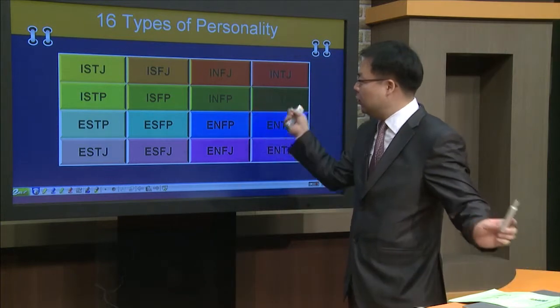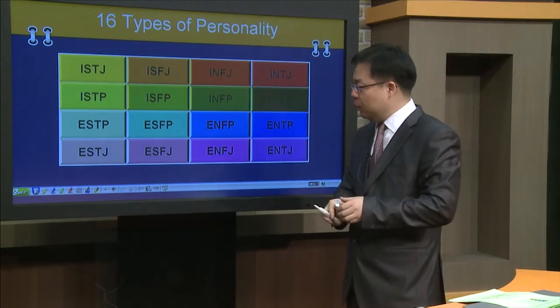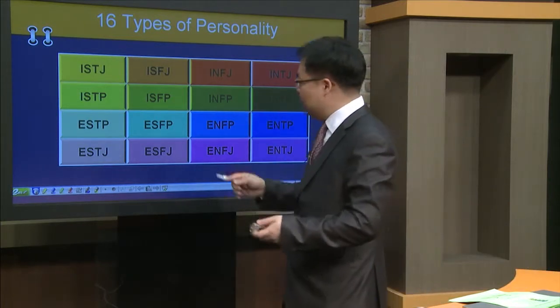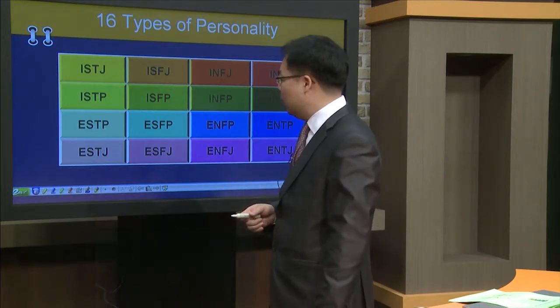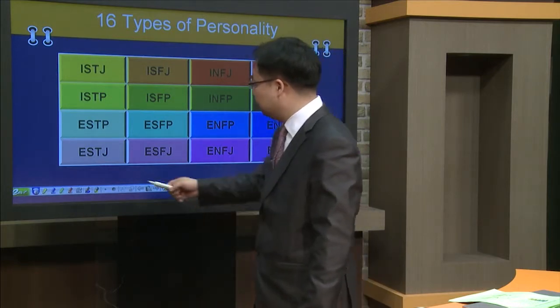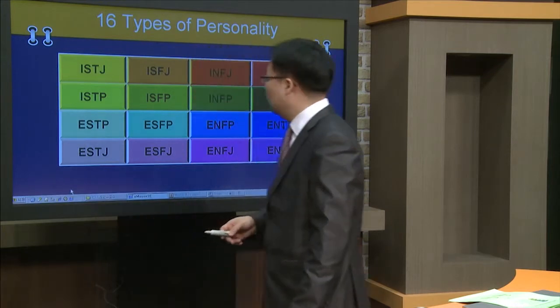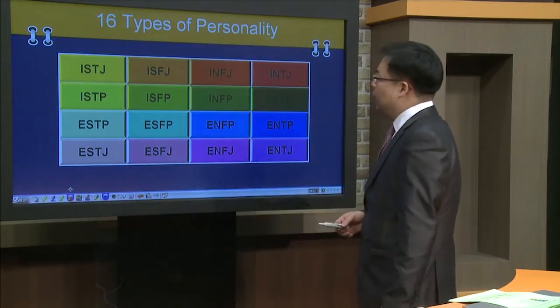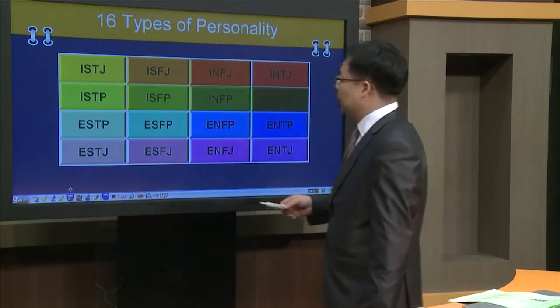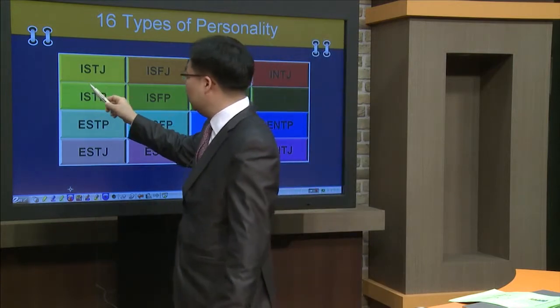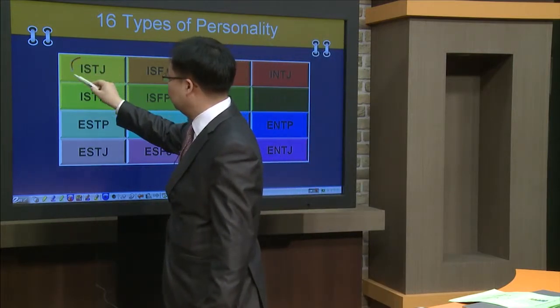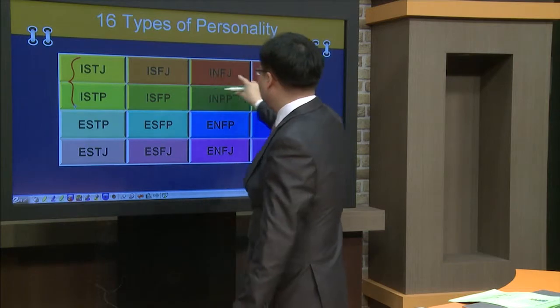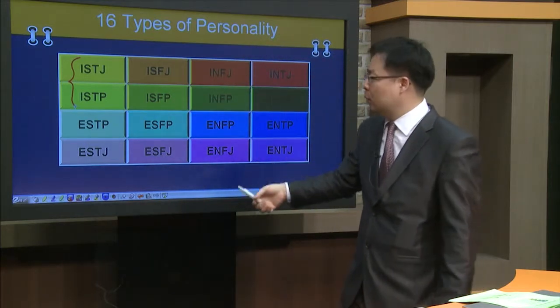If you look at the 16, we see some dynamics here. For example, the first 2 lines are all introvert persons.